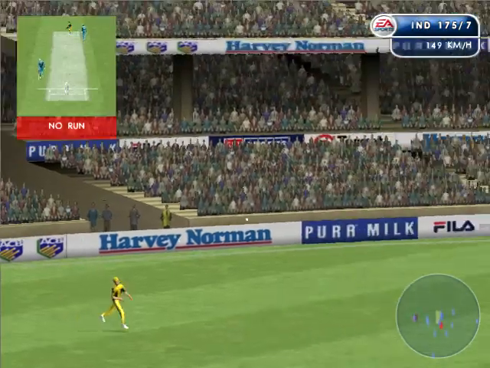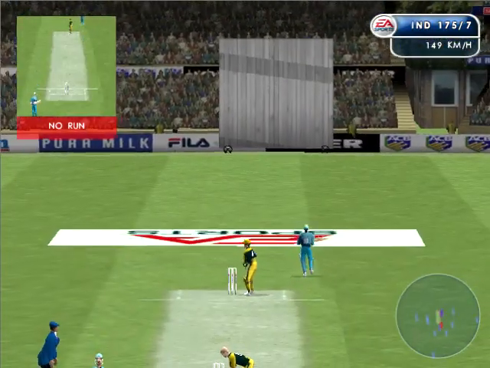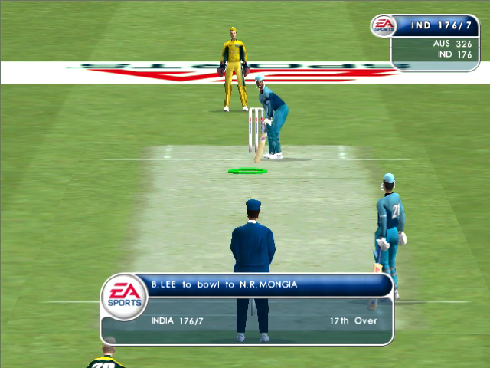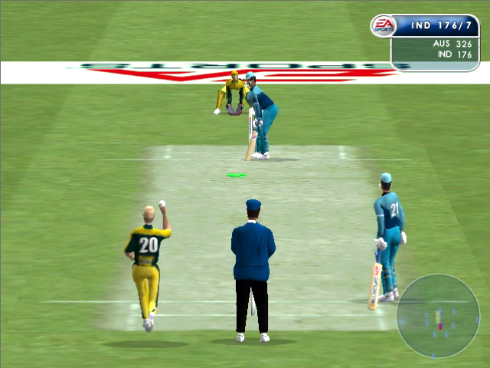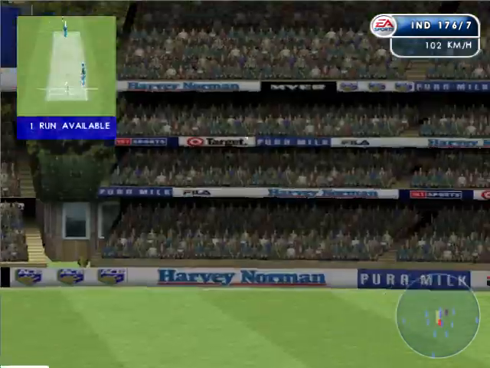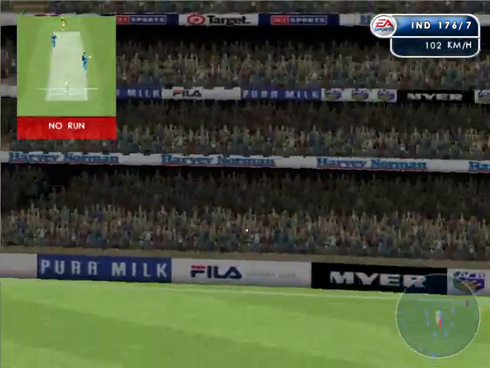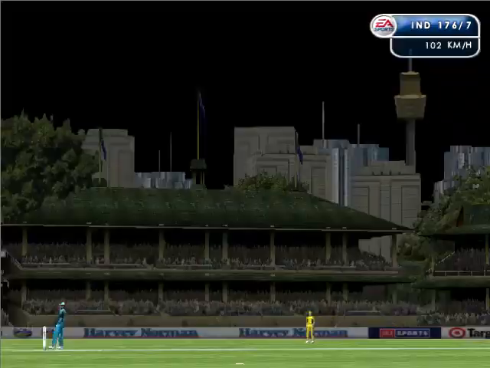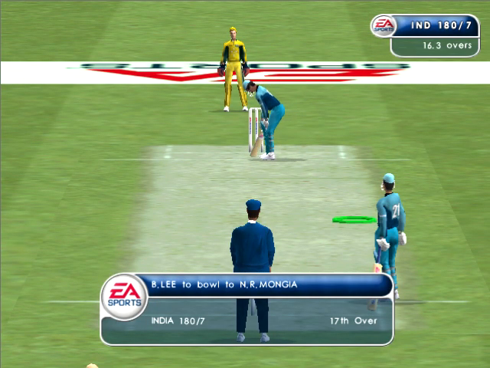The batsman will have to run these. It's high in the air. Looks in good form out there. That was beautifully played.